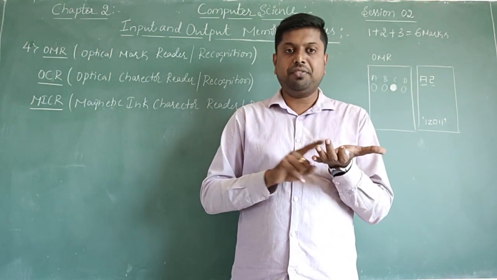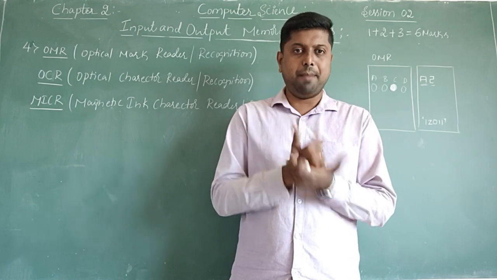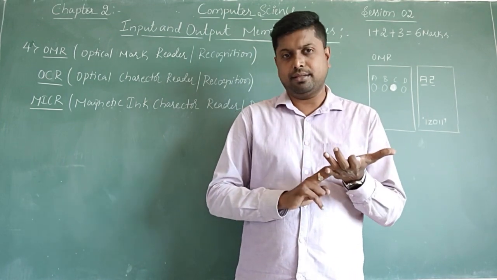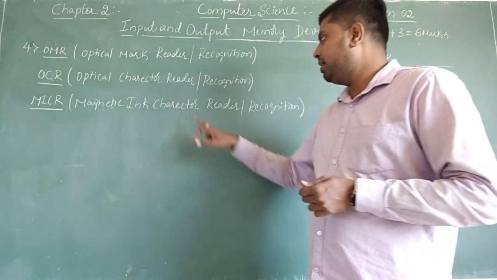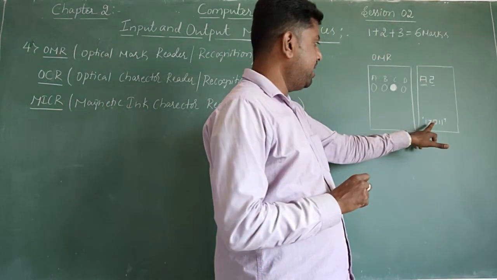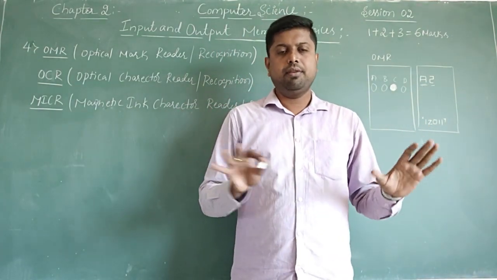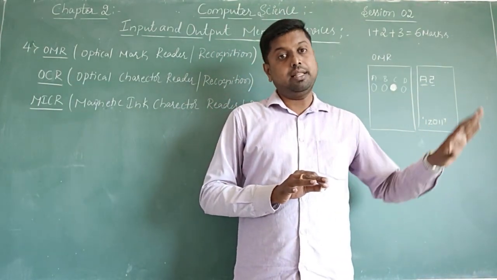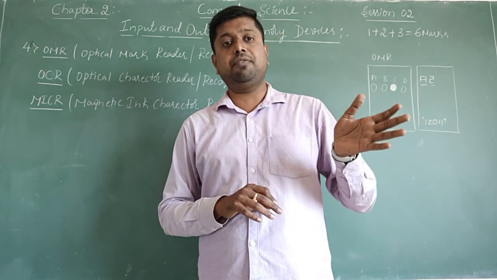So with the help of that magnetic ink, once we print on the sheet or paper, it's very difficult to erase. That type of ink is what we call magnetic ink character readers. Especially these kinds of characters are present in checks and DDs for the banking sections. There we have a chance to identify these kinds of characters with this kind of ink.